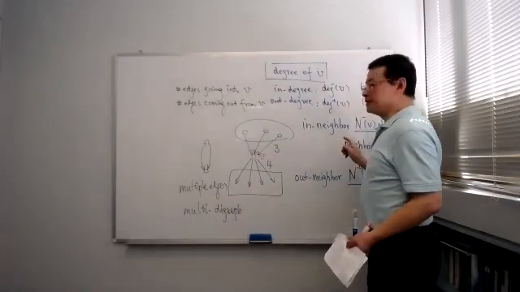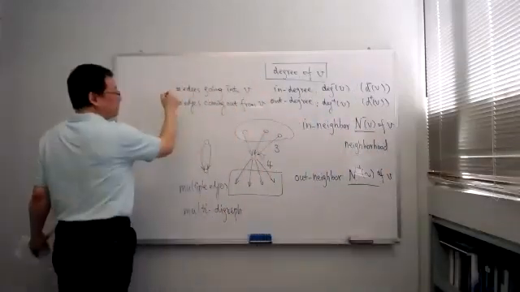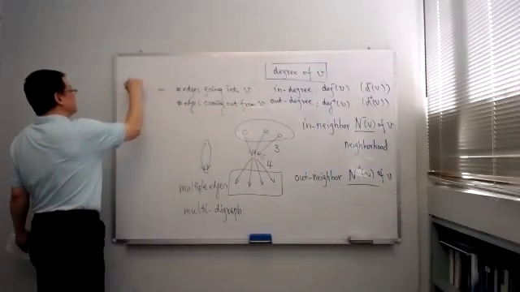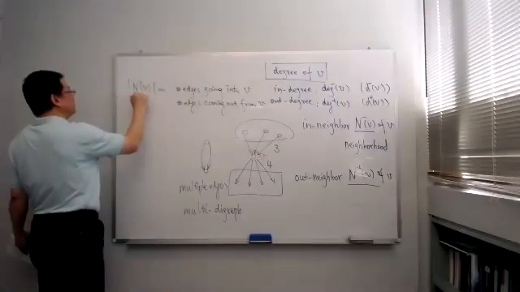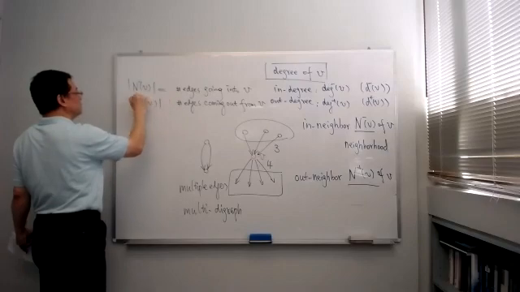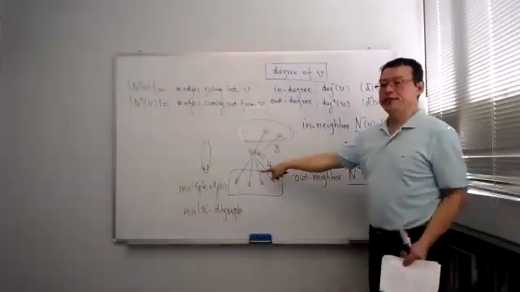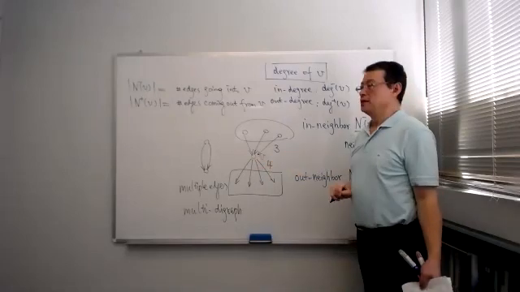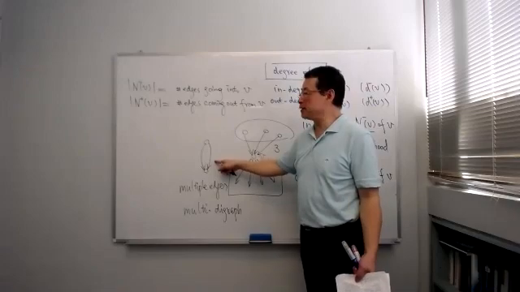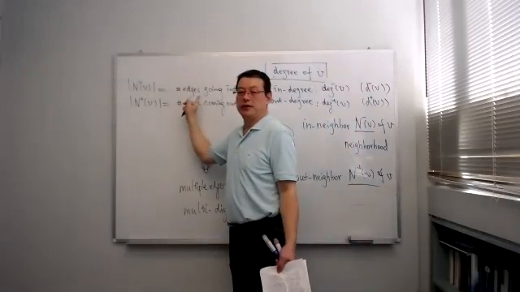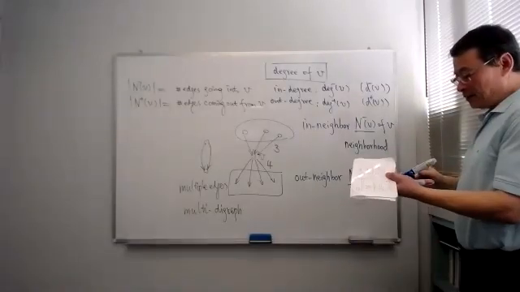In our case, it's not a multi-graph, so the degree equals exactly the size of its out neighbor set and the size of its in neighbor set. Because we do not allow this situation. If we allowed it, then these would not be equal. So these are some very basic terms for digraphs.